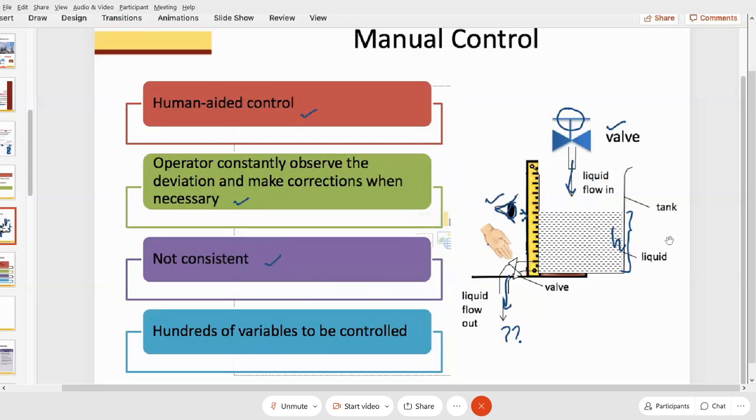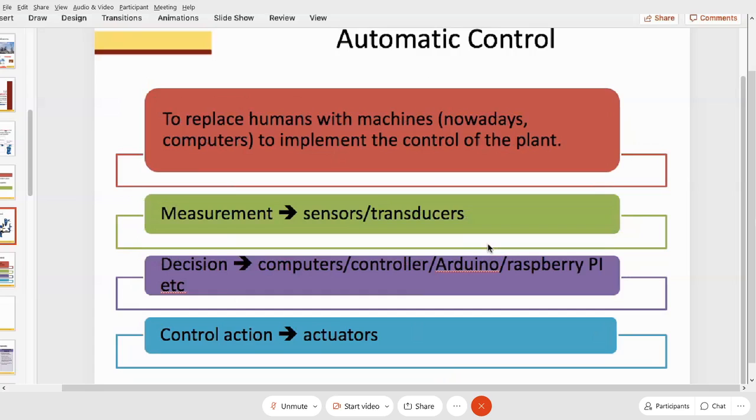So from the manual control you can design it to be an automatic control. So we can design the system now, manually, to be an automatic system. Okay.